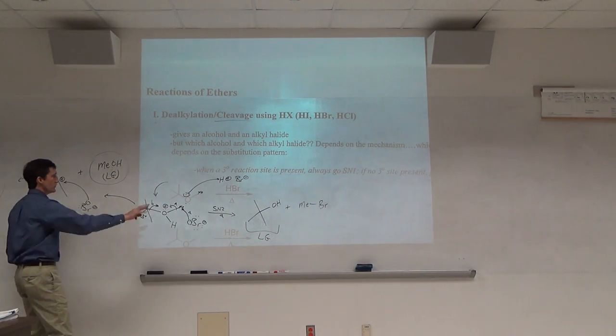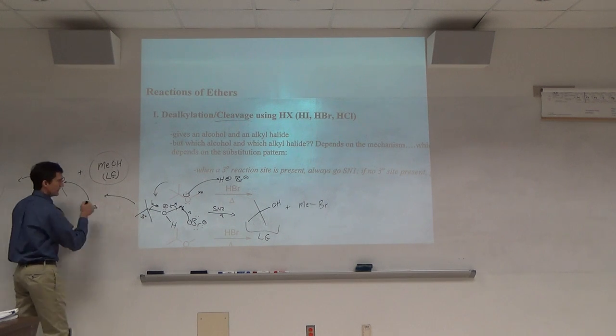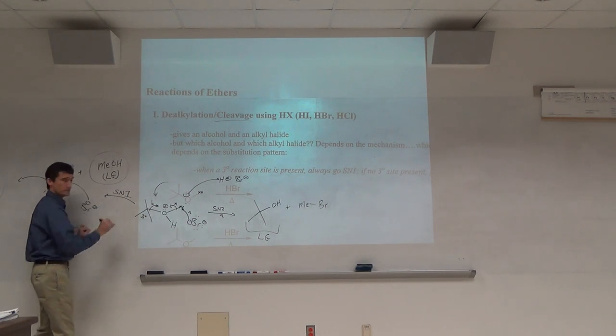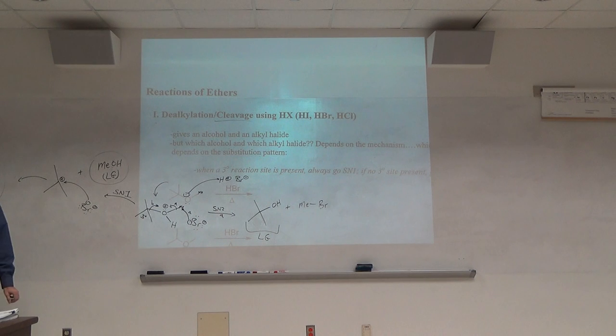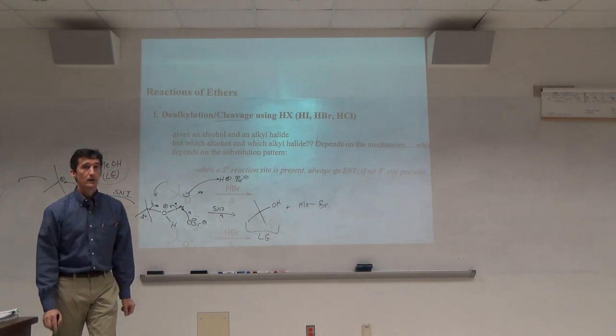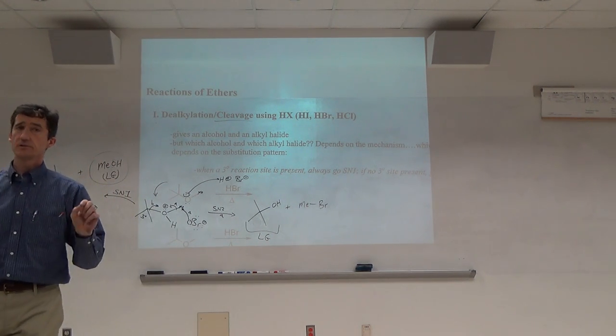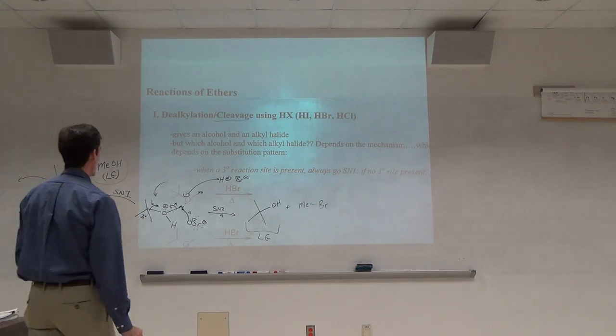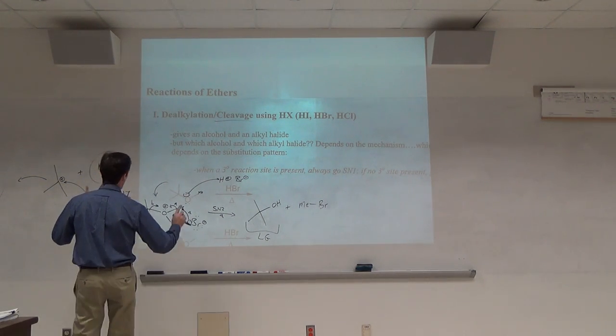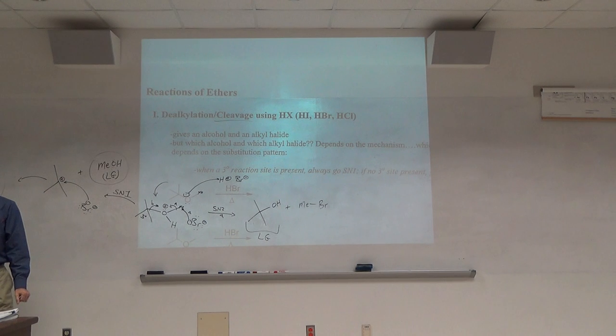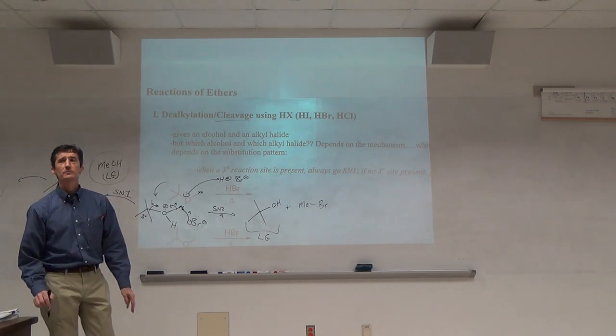That was an SN2. What mechanism did we do here? Very good, SN1. Two ways to cleave an ether illustrated here. Which one is going to happen? It can be hard to predict.